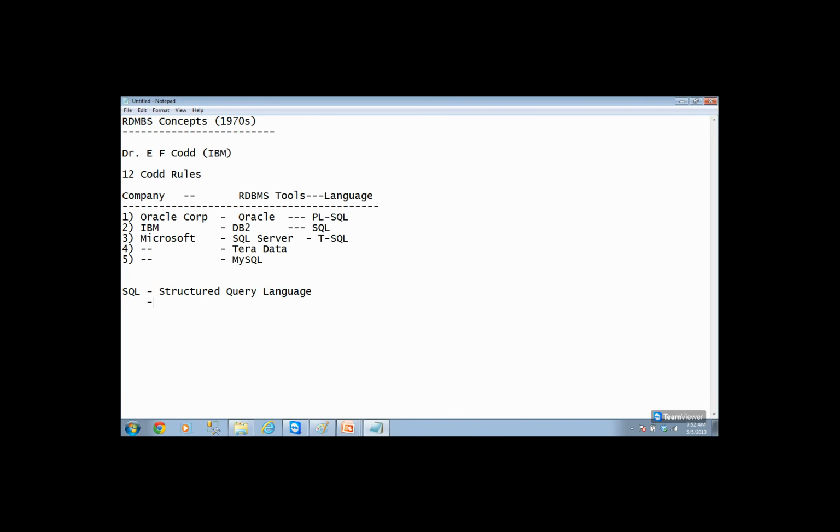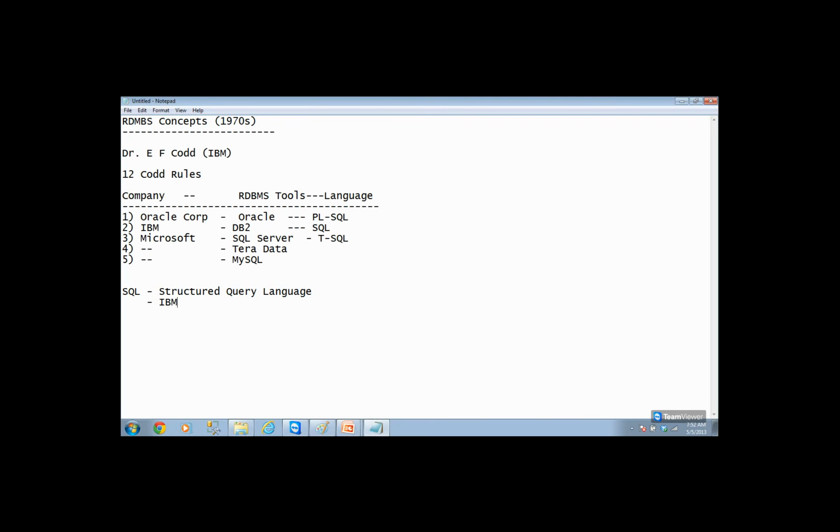It is developed by whom? IBM. Now all people are using the same language. 90 to 95% of the commands in Oracle, DB2, SQL Server, Teradata, and MySQL are the same. Only 10% will be their own. Clear? So whether you say SQL, PLSQL, or T-SQL doesn't matter to you.